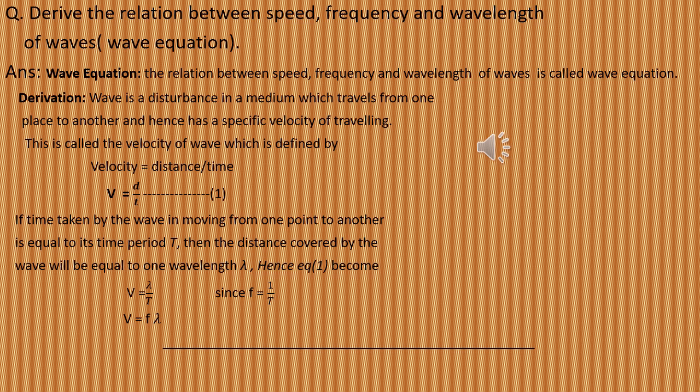If time taken by the wave in moving from one point to another is equal to its time period T, then the distance covered by the wave will be equal to one wavelength, λ. Hence equation 1 becomes v = λ/T, since f = 1/T. Therefore, v = fλ. This is called wave equation.